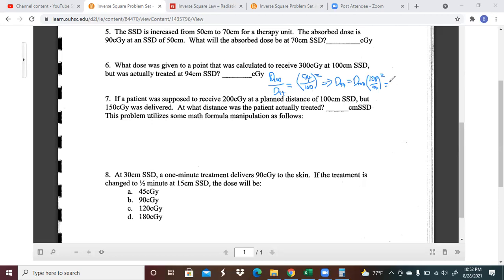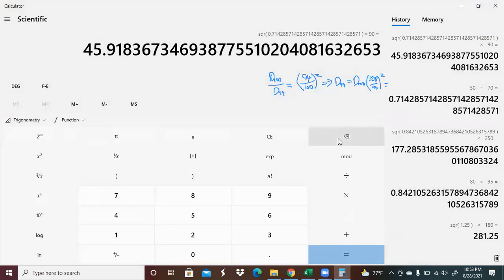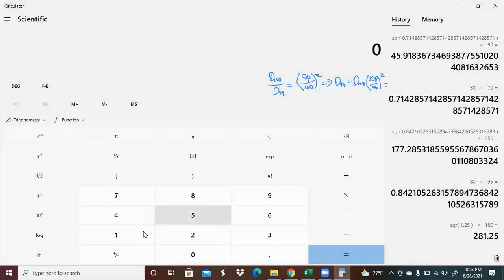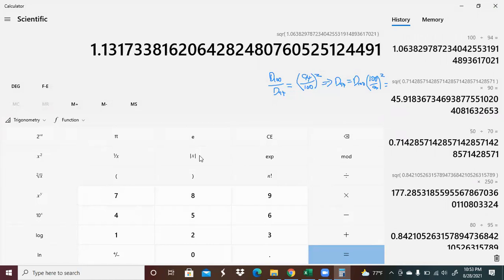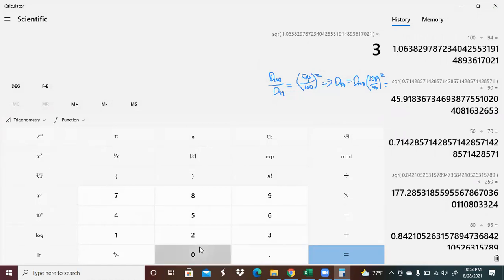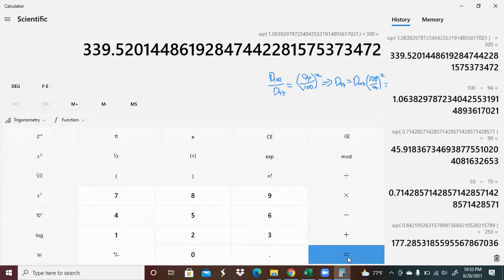So that's going to be 300 multiplied by that ratio. 339.52.